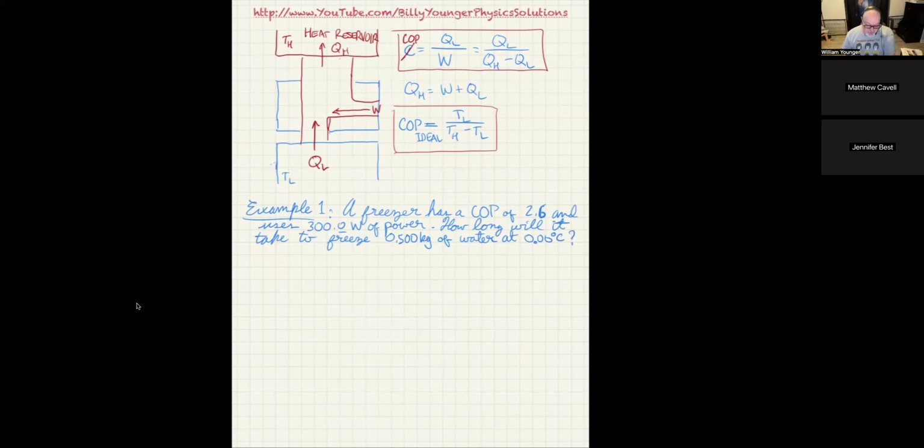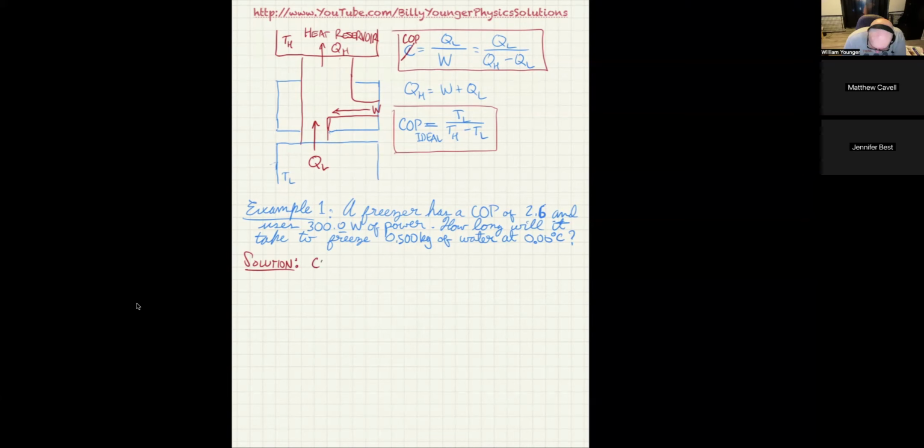Okay. So that's our problem. We're trying to figure out how quickly it'll take to freeze a half a kilogram of water. So our process is this solution, which is where I normally explain to you what equations we should be using and what method we're going to go for.